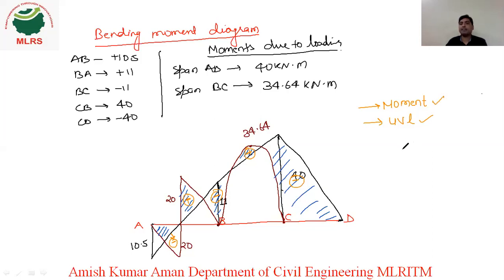And third, a free end, like at D there was no support. Free end means no support at one of the ends. So for these three things, we have learned how to solve the problem.